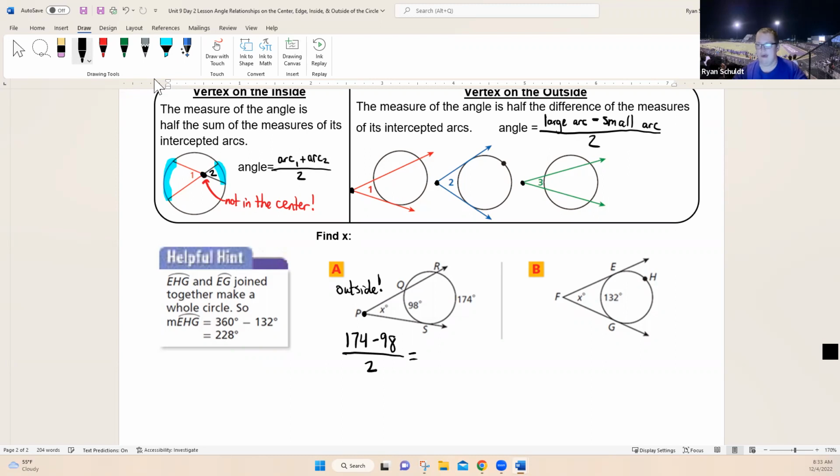Let's see, that's going to get us 76 divided by 2, which is 38 degrees. That's what X is. X is 38 degrees.